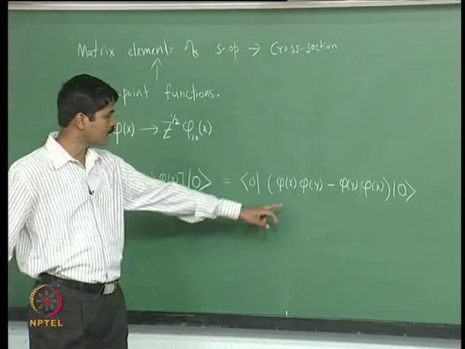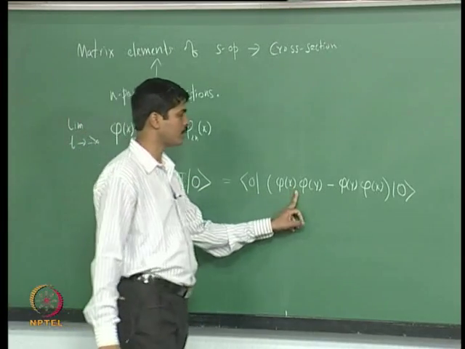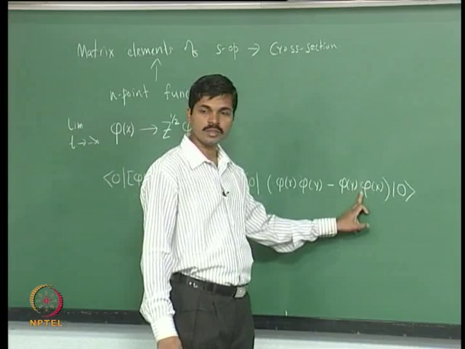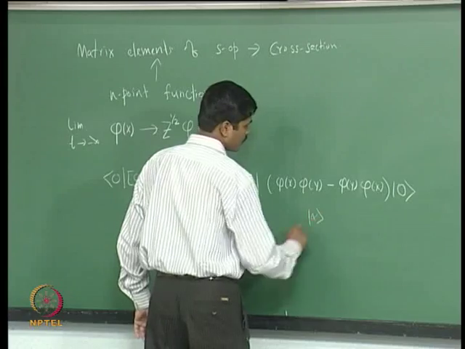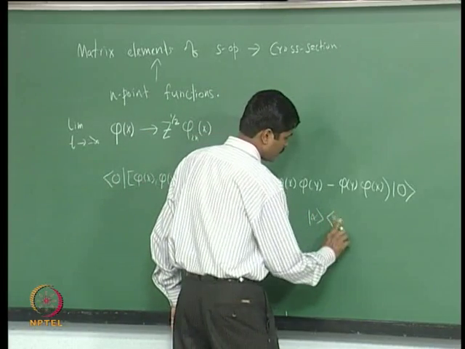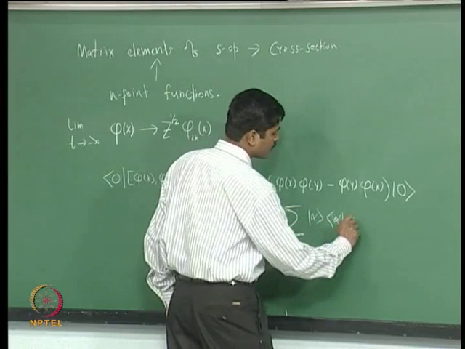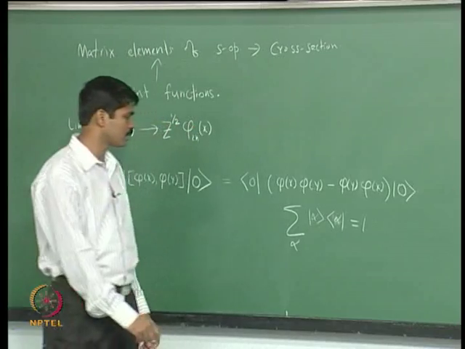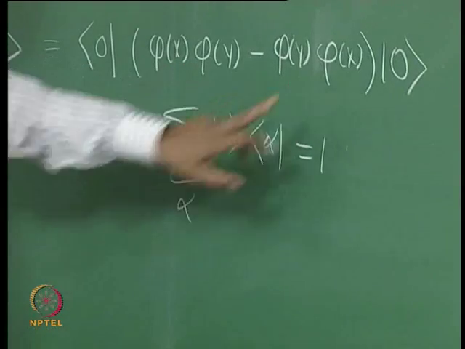What I will do is that I will introduce a complete set of positive energy states here. So, if alpha represents a positive energy state, then I will use the completeness relation and this expression, which is the identity, and I will insert it here as well as here.